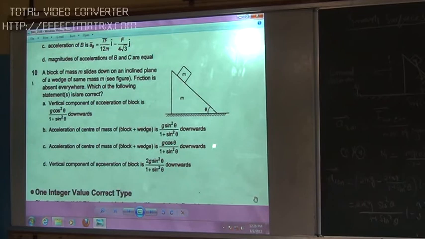And he is asking about the acceleration of the block. It may be a vertical or horizontal component, but we are supposed to find the acceleration of the block with respect to which frame? Ground frame.